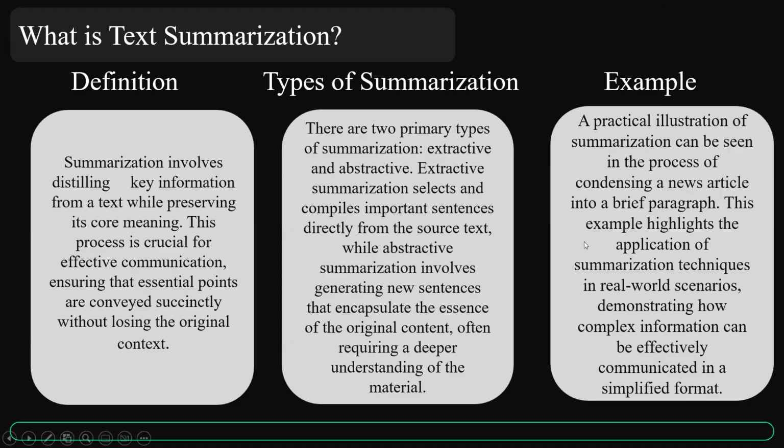And here are some practical examples. A practical illustration of summarization can be seen in the process of condensing news articles. In a news article, we have so many paragraphs which condense into a small and short text, which can carry the meaning of the data exactly to everyone.